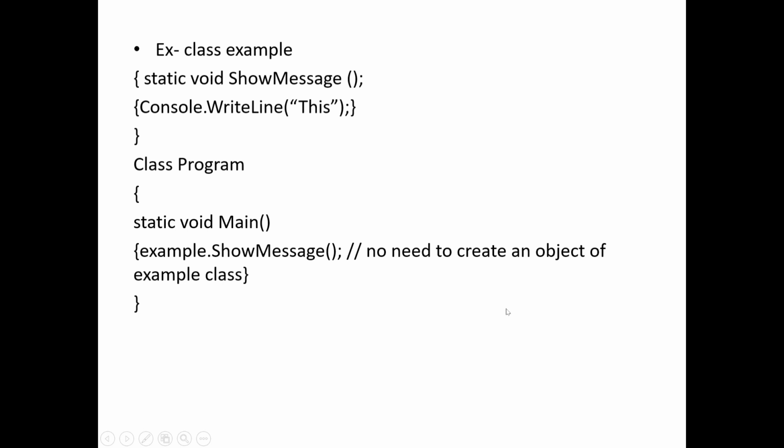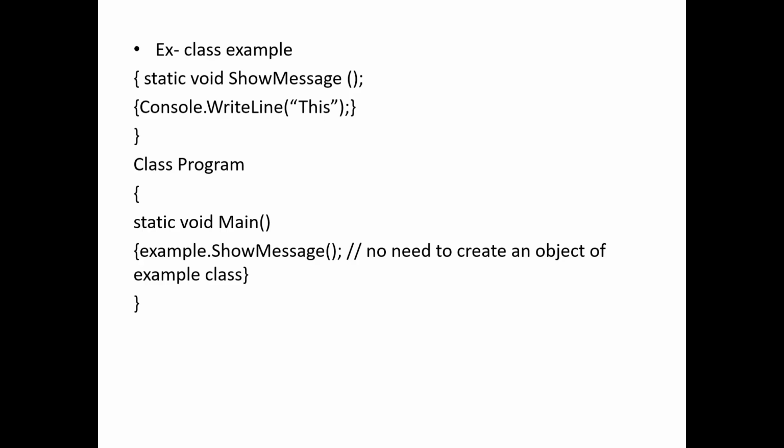For example, if we move on to this example, here we have made a class named Example. In the Example class, we have made a procedure named static void ShowMessage. And what does this function do? This function writes a message on the terminal.